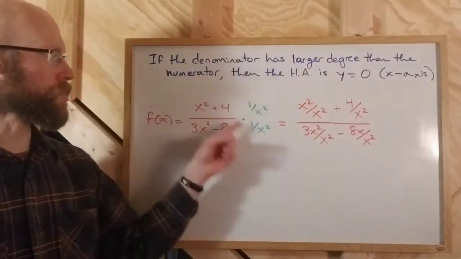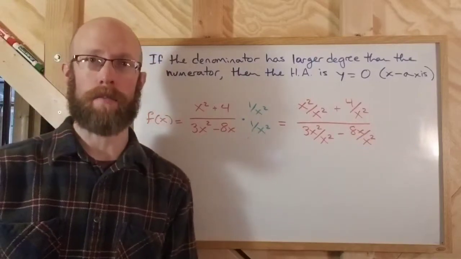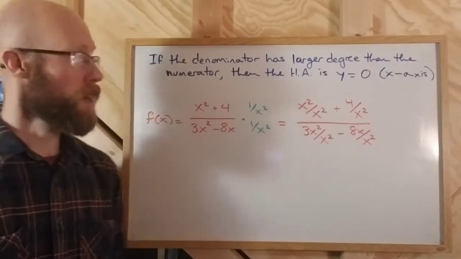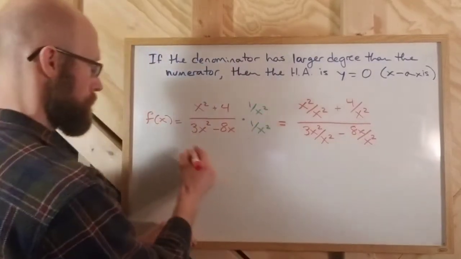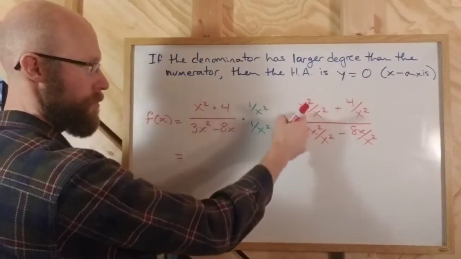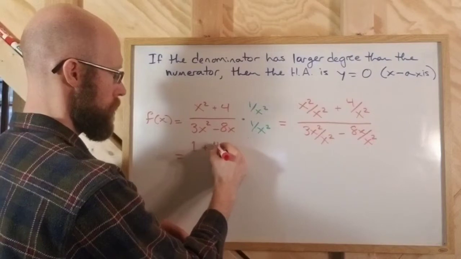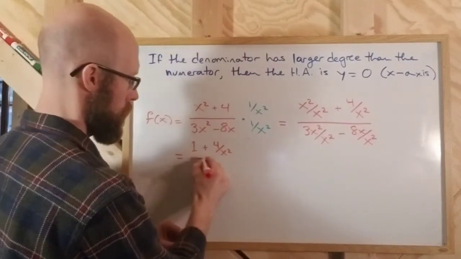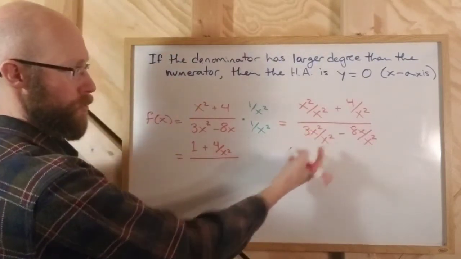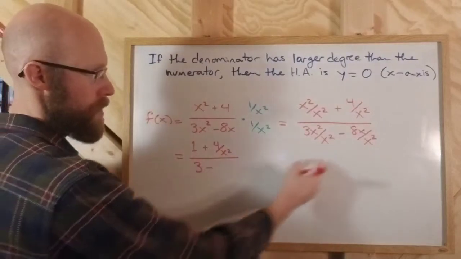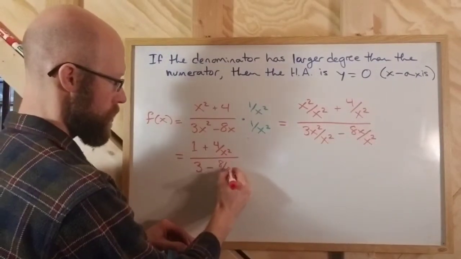So each of the terms just gets an x squared on the bottom, that's the biggest degree. And then I simplify each fraction. So this top fraction is 1 plus 4 over x squared. Down here I get 3 minus 8 over x.